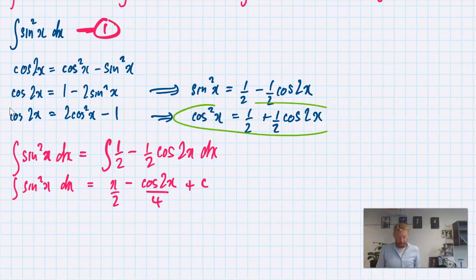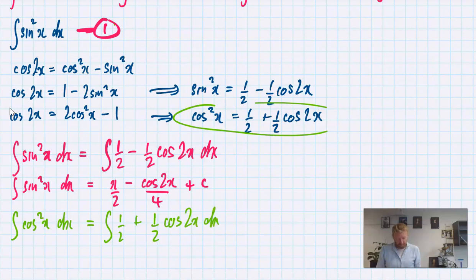We'll use that guy there. And we'll say the integral of cos squared x dx equals, well, it's the same as integrating a half plus a half cos 2x dx. The integral of cos squared x dx equals, well, that's x on 2.